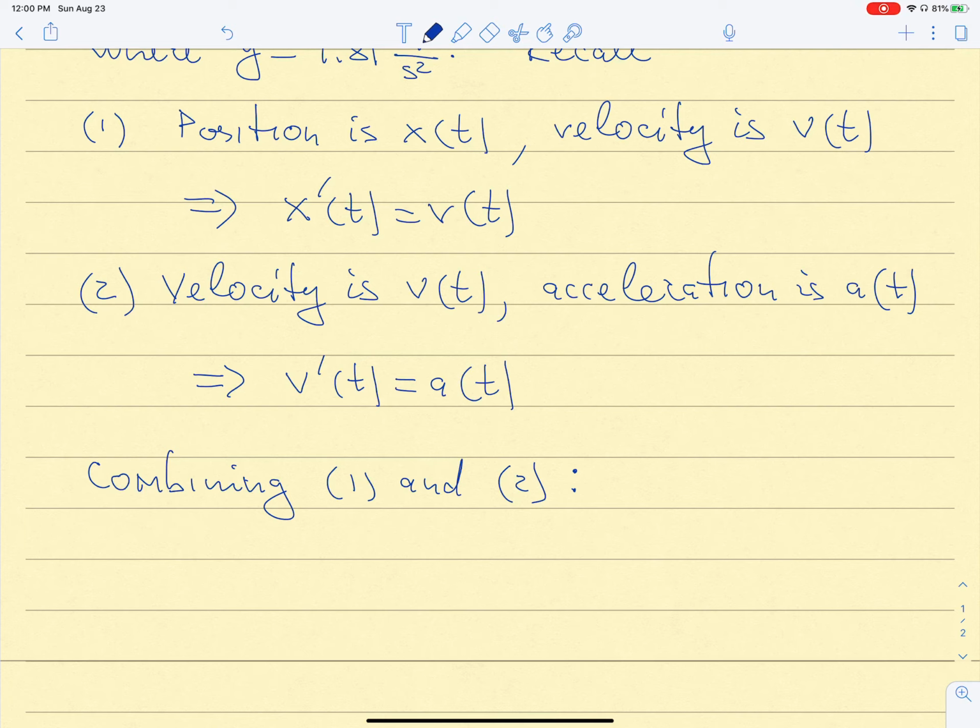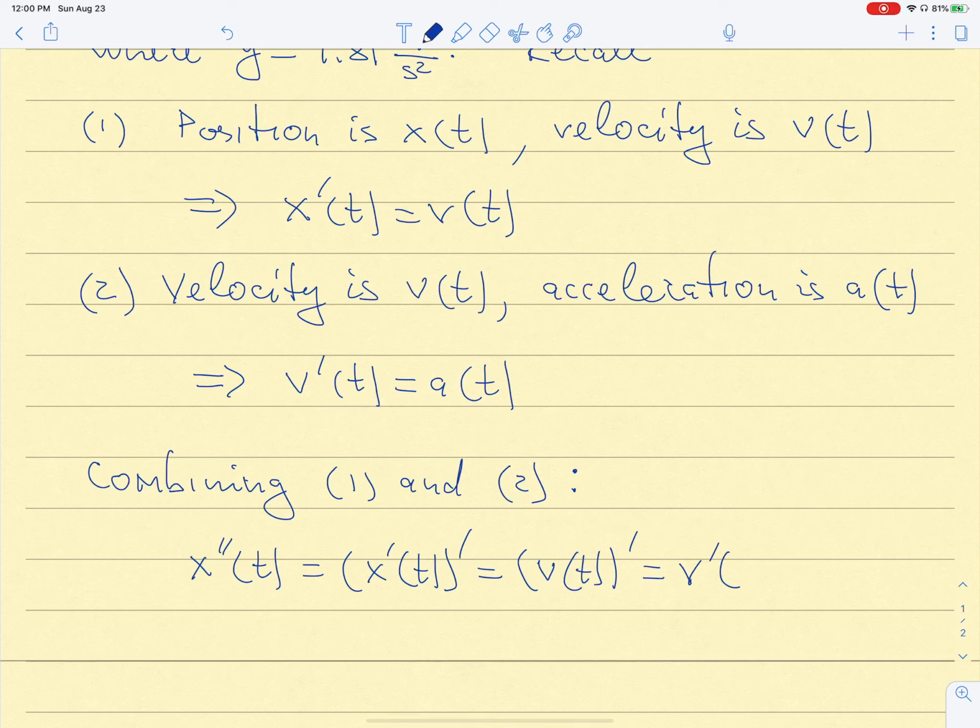If I take x double prime of t, then x double prime is x prime of t prime, which is according to 1 v of t prime, that is v prime of t, and from 2 this is a of t.